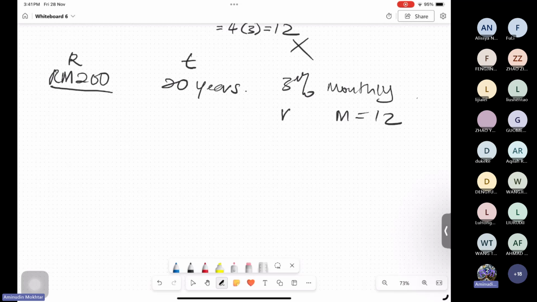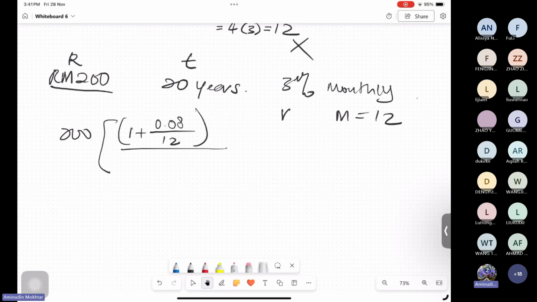So S is equal to 200 times 1 plus 0.03 divided by M, where M is 12, to the power of N. The interest rate is calculated 12 times per year, monthly.